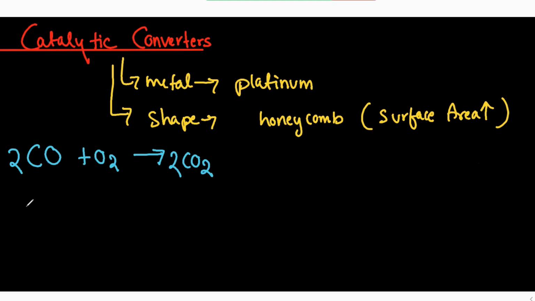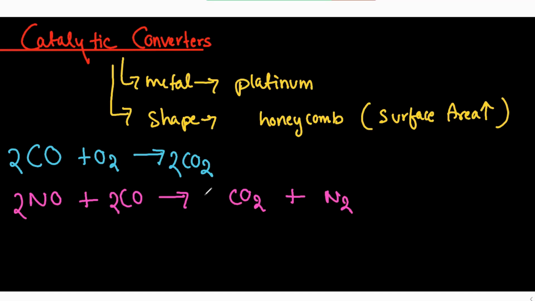However, in the engine at a very high temperature and pressure, a little bit of nitrogen monoxide gets formed. It reacts with the carbon monoxide to form carbon dioxide gas and nitrogen gas. So carbon monoxide reacts with excess oxygen to form CO2, and carbon monoxide also reacts with NO to form CO2 and N2. If you balance it properly, this is how it looks.